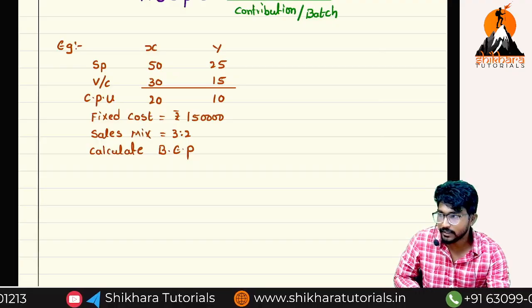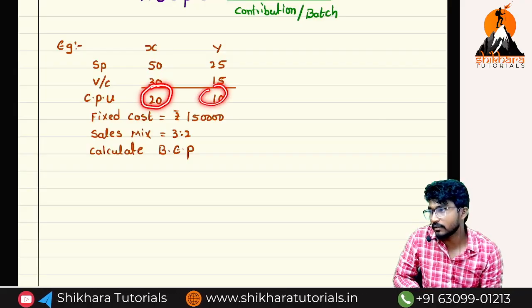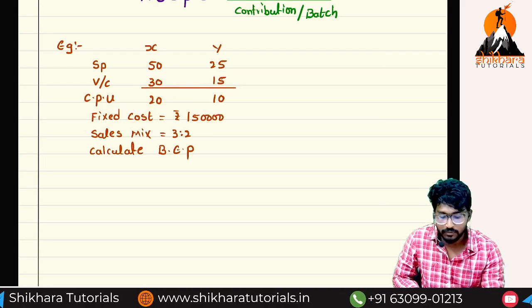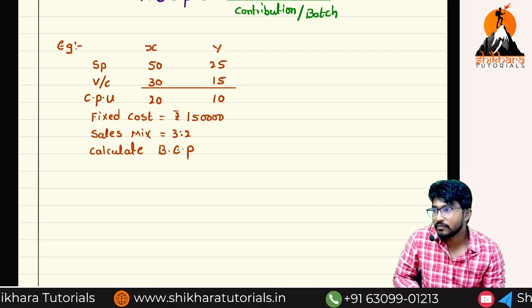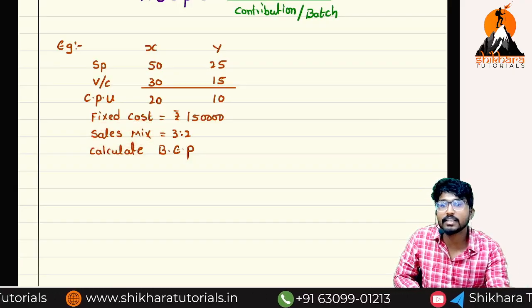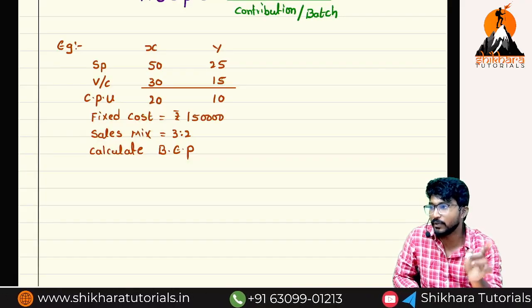Variable cost is 30 and 15. Then what is the contribution? 20 and 10. Fixed cost is how much? 1,50,000. Now what is the sales mix? 3:2. That means in the market we are selling 3 units of A and 2 units of B.